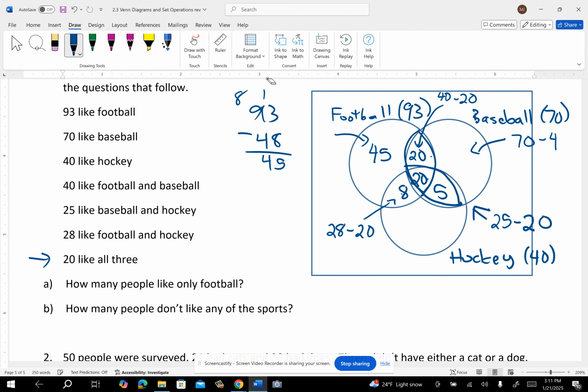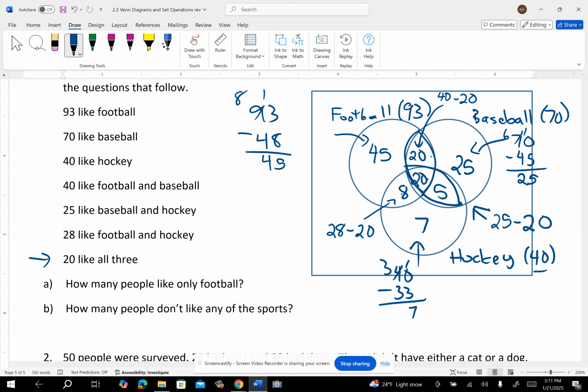So I'm going to take 70 and subtract the 45, and when I do that, I wind up getting 25 people are here. And then for hockey, I know there's 40 all total, and I already have 33 in there. So I know there's 7 that are left there.